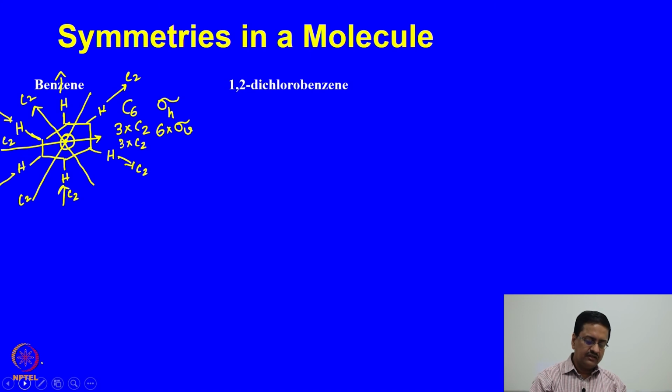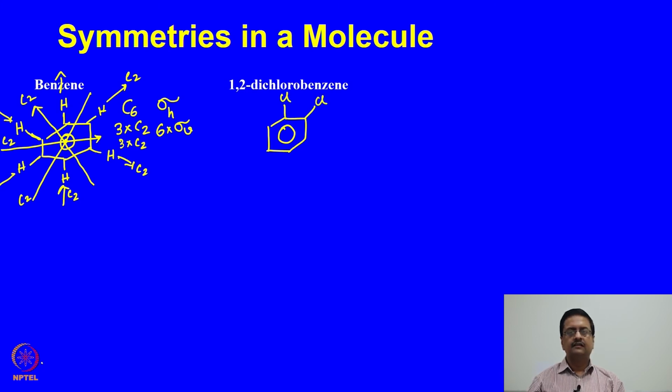So, the next molecule is 1,2 dichlorobenzene. Now you see, by adding these 2 chlorine atoms in this molecule, we have lost the privilege of C6.